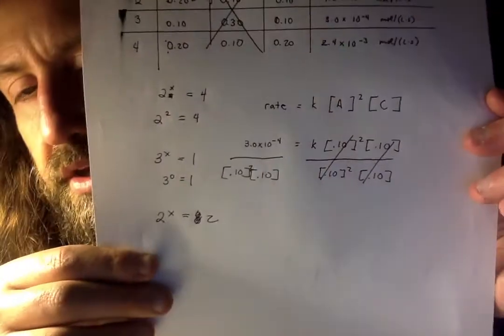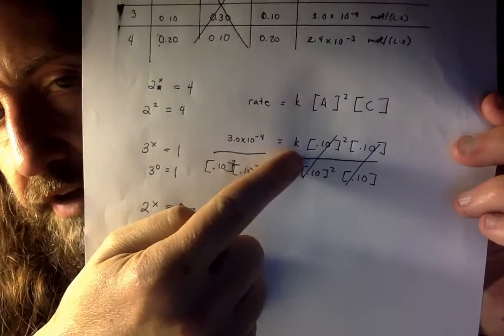Divide both sides by 0.1 squared times 0.10. Okay. And so, doing that, I've got K isolated, and all I've got to do is solve that. So I'm going to go 3 times 10 to the negative 4 divided by, I'm going to do this in 2 steps, 0.10 squared.